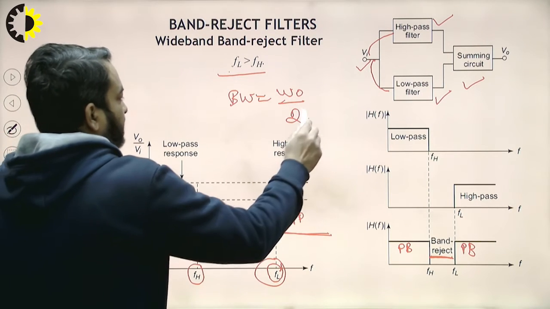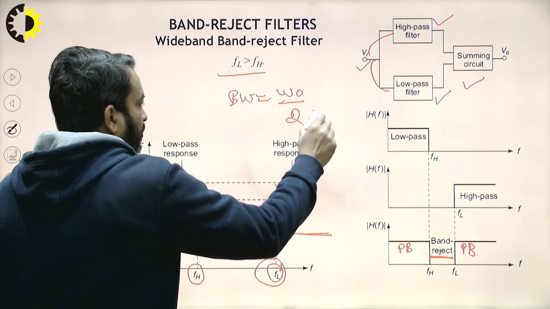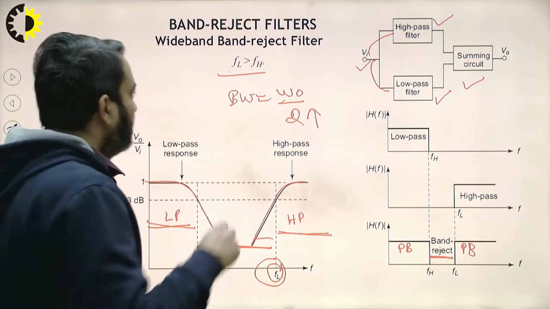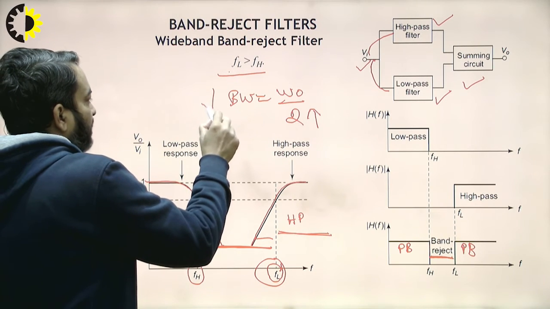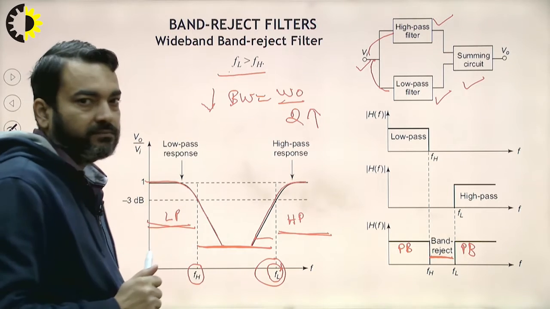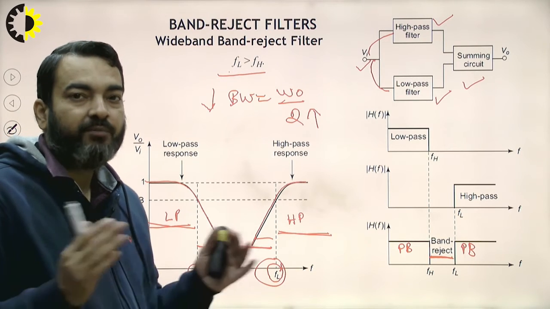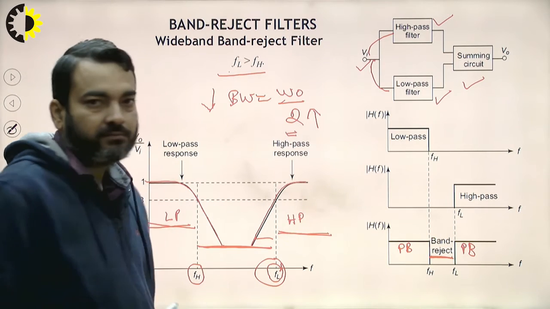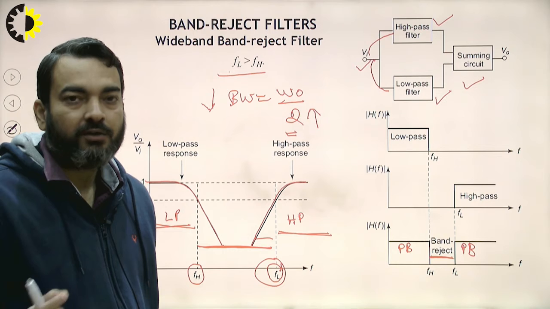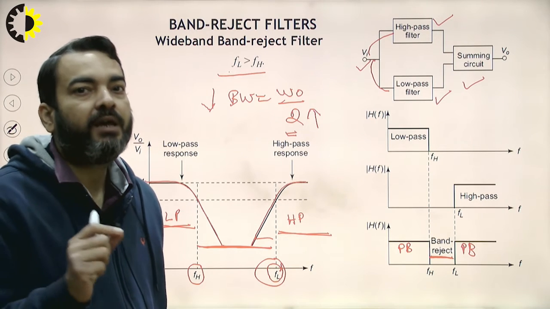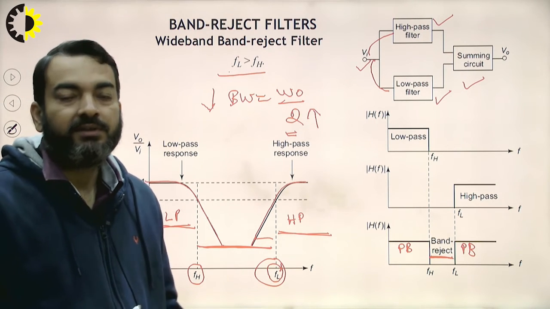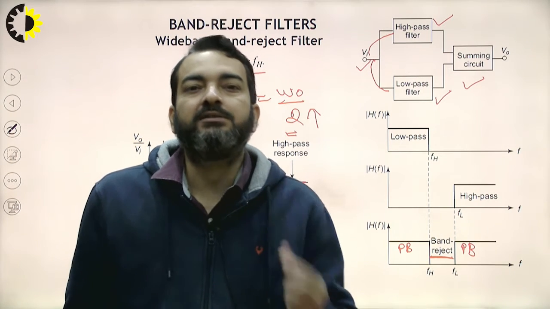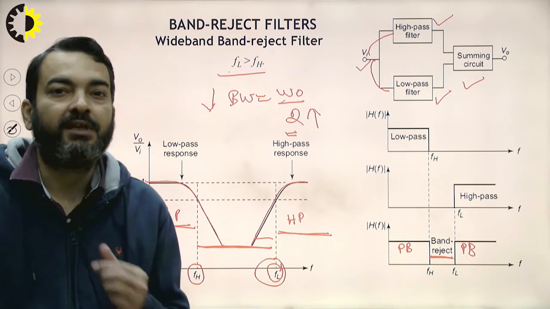So if we see, let's say Q value increases, in that case bandwidth will decrease. So for wide bandwidth we need low Q values. And now if we are going for narrow band reject response, it will reject a very small range of frequencies, which means bandwidth will be very less.